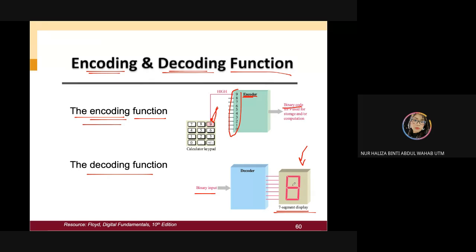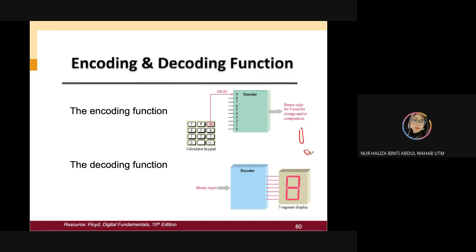Okay, let's say you can see that for your calculator, you will have this display. You have a lot of 7-segment displays, not only one, because you have many numbers that you can support, right? So let's say only one display that you want to display, which is a number from 0 to 9.